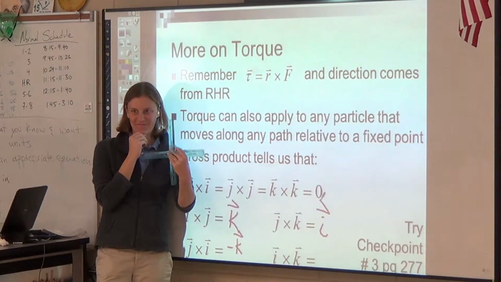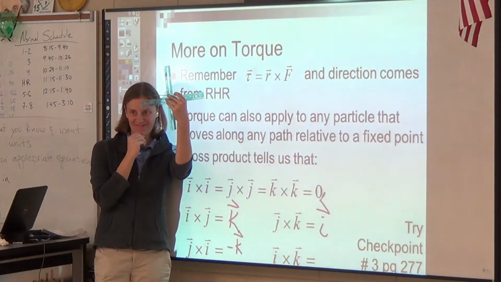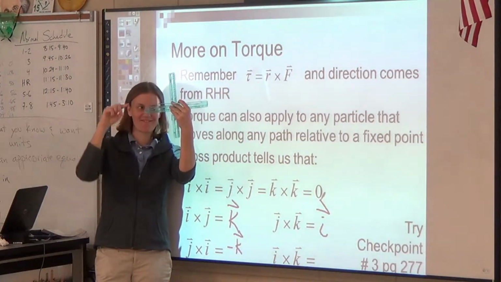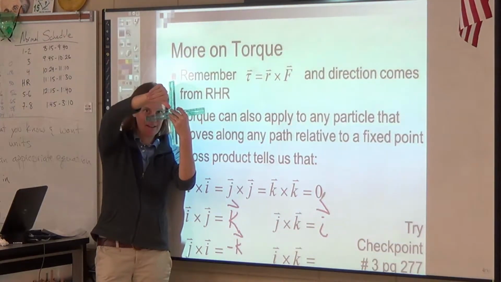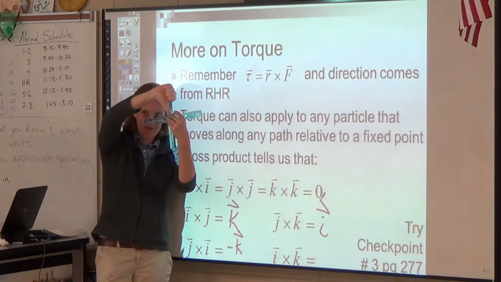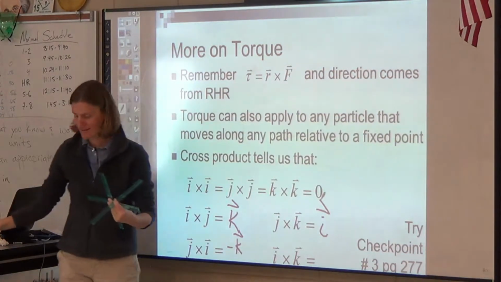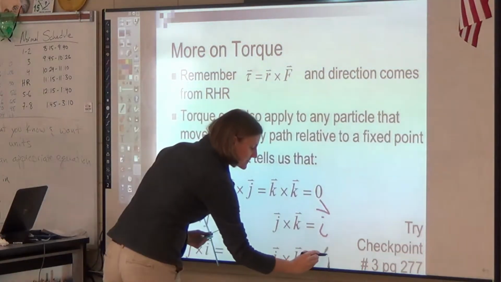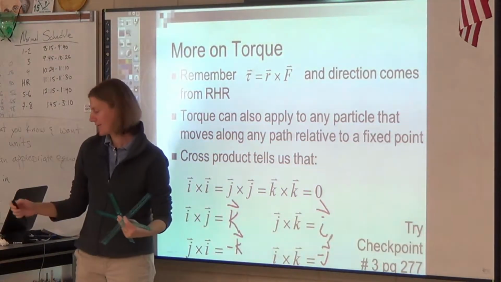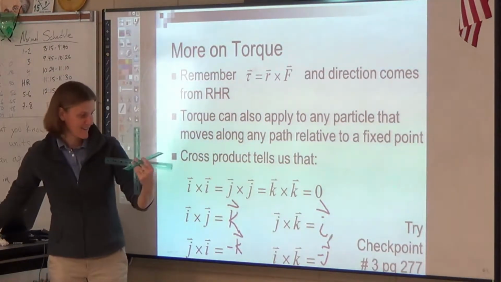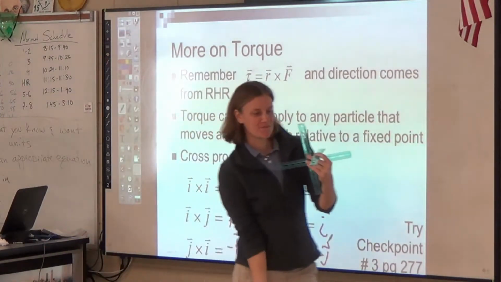Down is negative J. And then like this? I's that way. Then towards K. K is at you. Thumb is down. So negative J. It's the only one missing. It's just whether matching them with positive or negative.